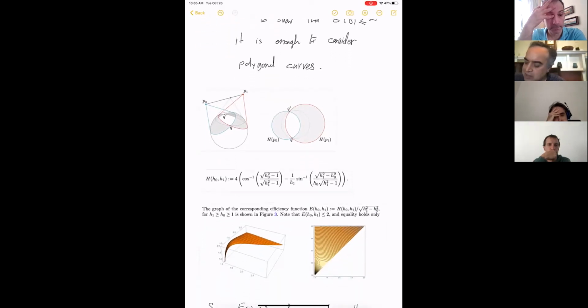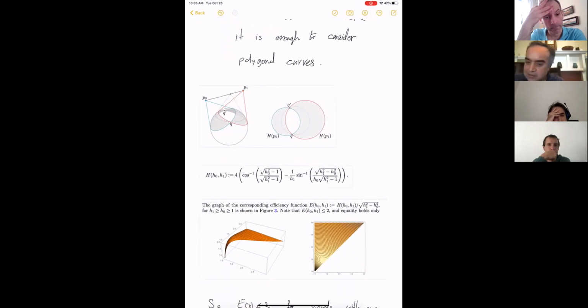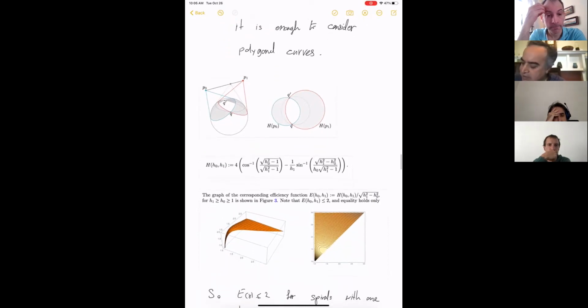Now, this horizon, you can divide it by the length. The length here is the square root of (H1 minus H0) squared. And so this graph that I have here is the efficiency of a line segment, where the initial point is orthogonal to the position vector.